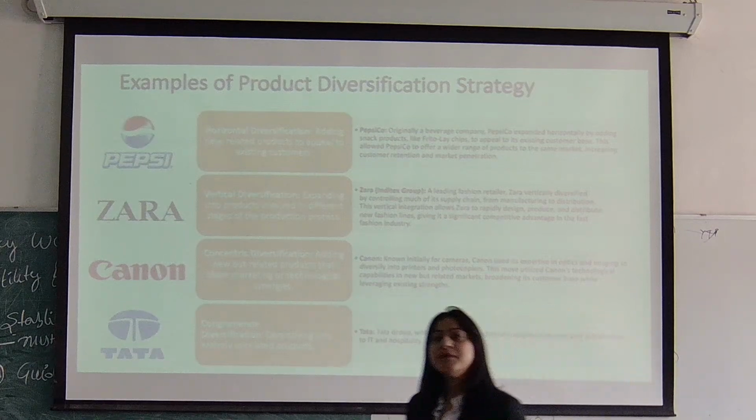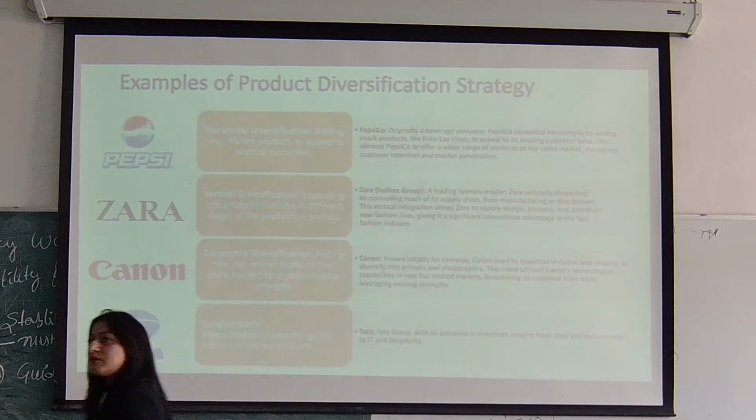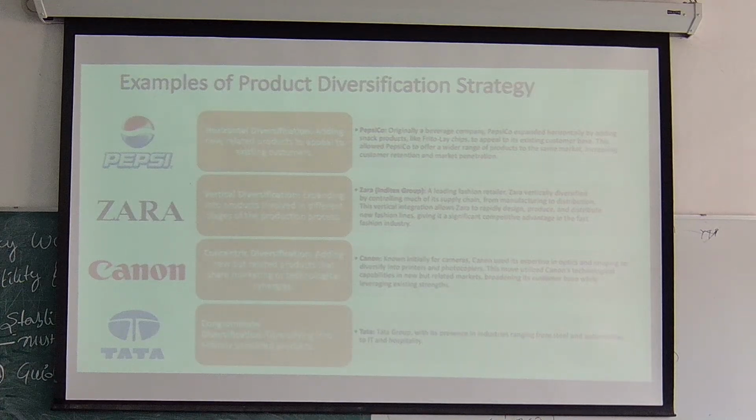They are also from Canon. Not always, but most of the time, right? So here what Canon has done is that they had this knowledge about optics, they had the knowledge about lenses, so they diversified. They just didn't stick to one product, which was a camera. What they did, they tried to get into multiple things, and those were printers or photocopiers, so on and so forth, where they have used the technology, right?